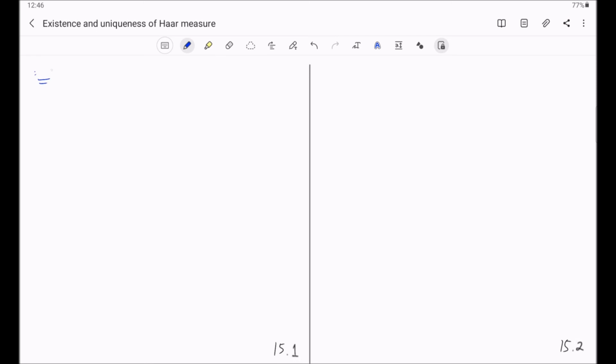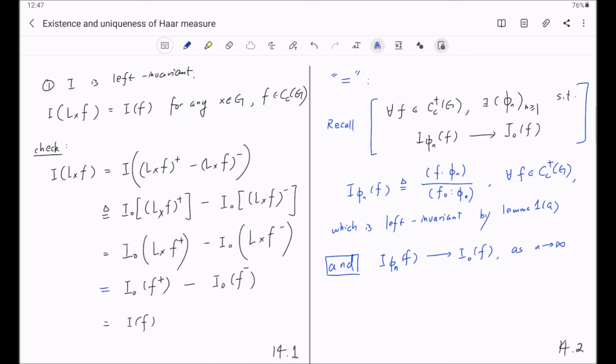We have this equality because we have the convergence I sub phi of f plus and f minus respectively to I0 of f plus and f minus respectively, for some sequence phi sub n contained in cc plus of g, as we previously derived.